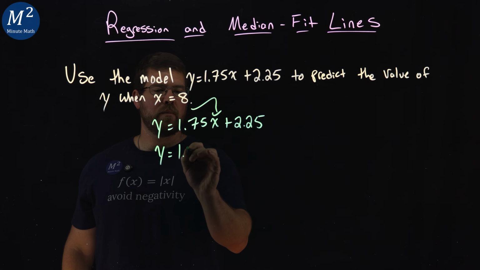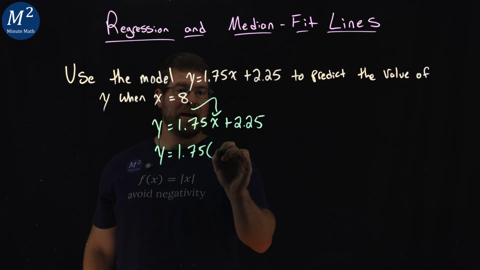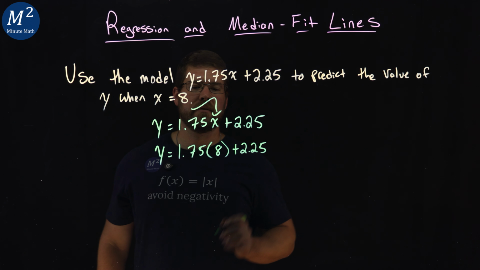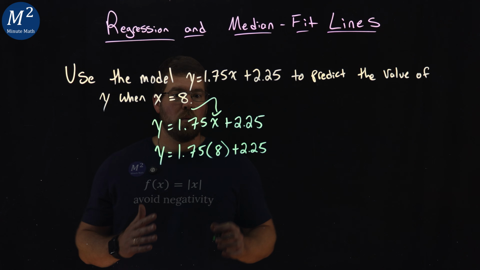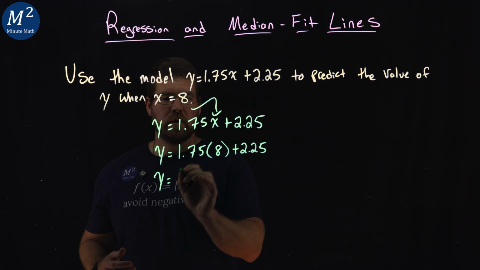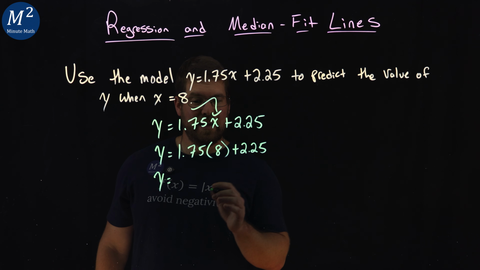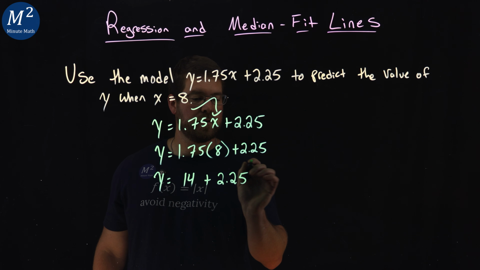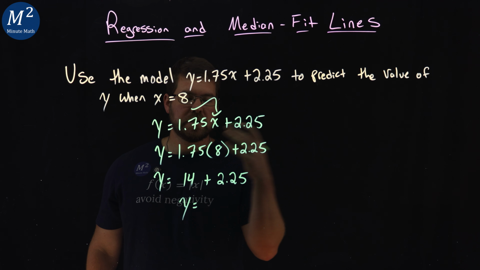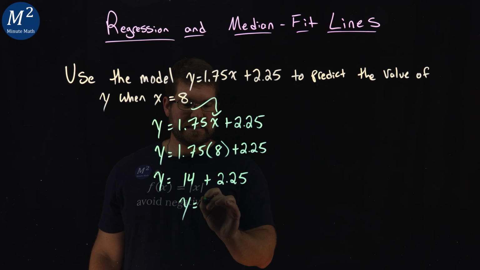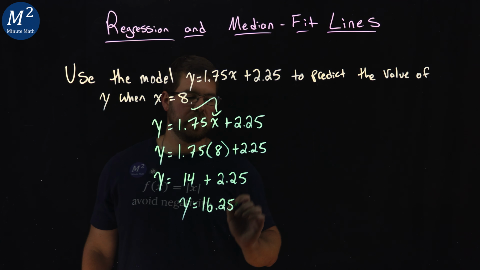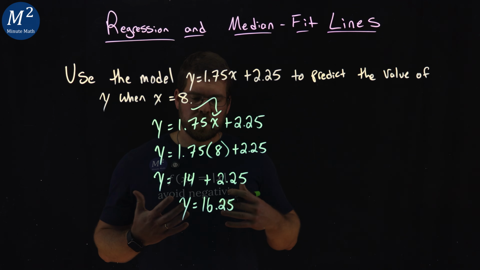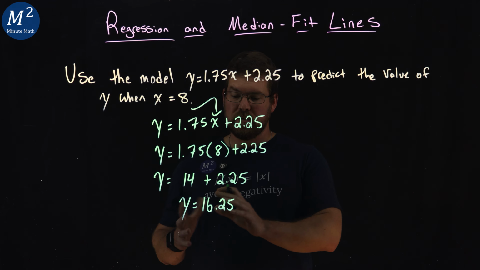So y equals 1.75 times 8, plus 2.25. Then from there, we want to simplify. 1.75 times 8 is 14, plus 2.25. And 14 plus 2.25 is 16.25. Now, if we're rounding to the nearest whole number, it's about 16.